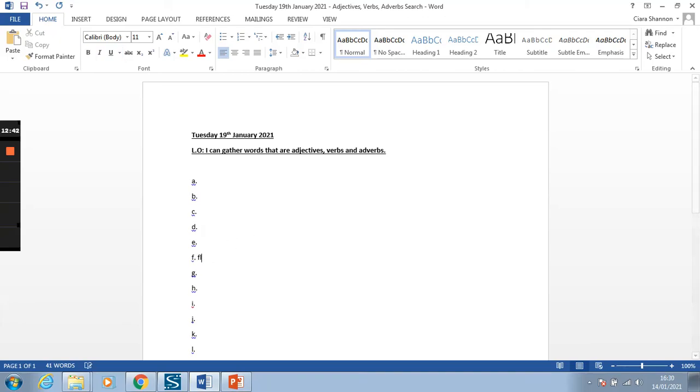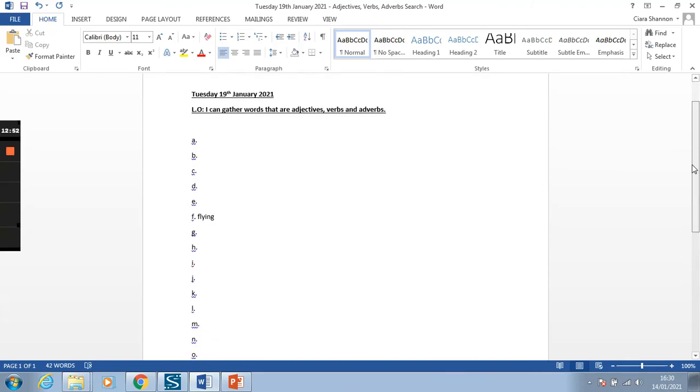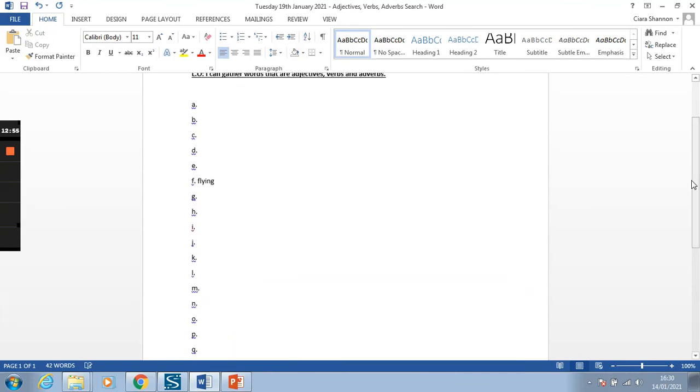So for F, I'm going to put flying, because that is a verb that I think will be great in a superhero story. Then I'm going to think of an adjective. I'm going to G, and I'm going to write glowing as an adjective.